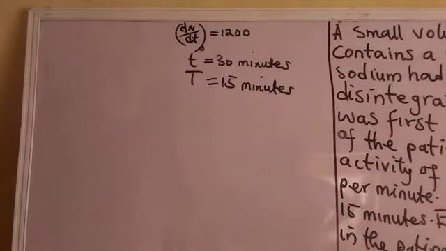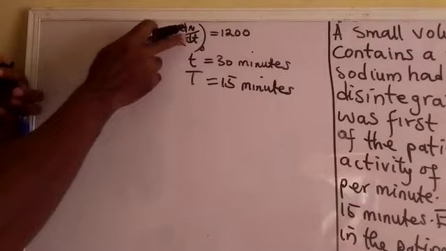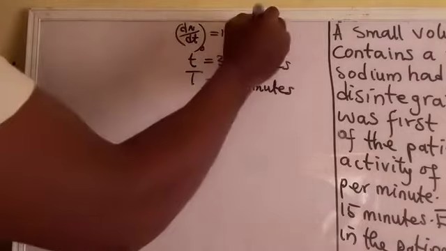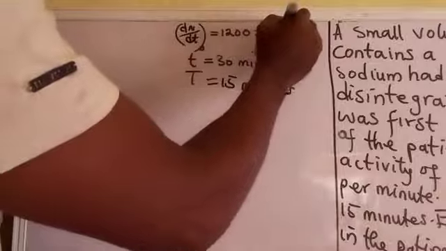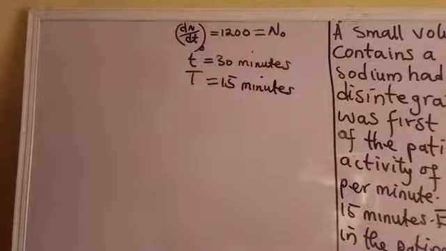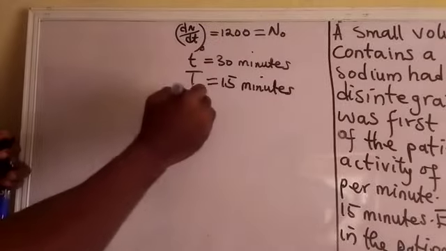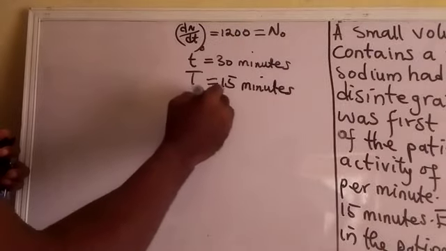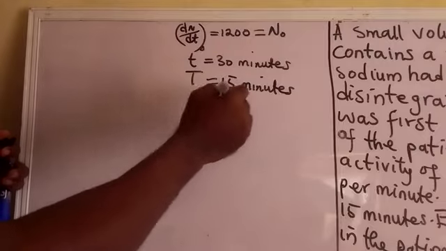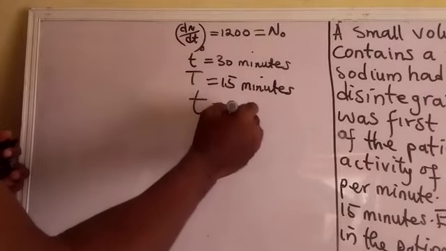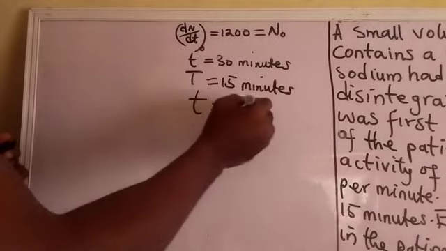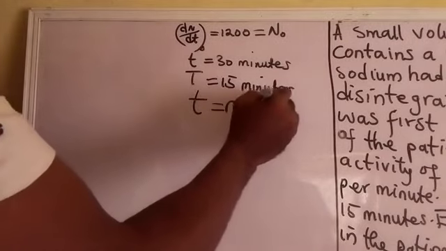Now, how do we go about this? If I don't want to use this disintegration expression, I can use this as N0, okay? Now, remember there's a relationship in radioactivity that says time of disintegration is equal to number of disintegrations, small n, multiplied by half-life.